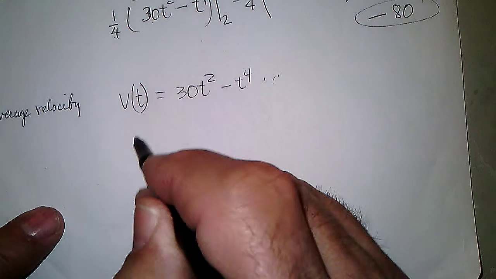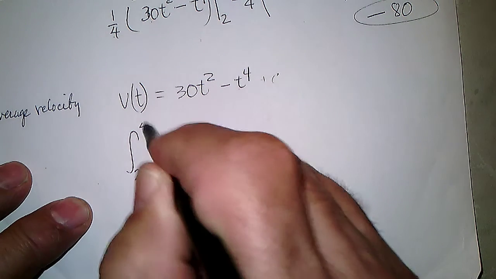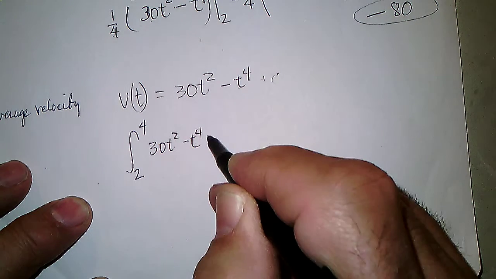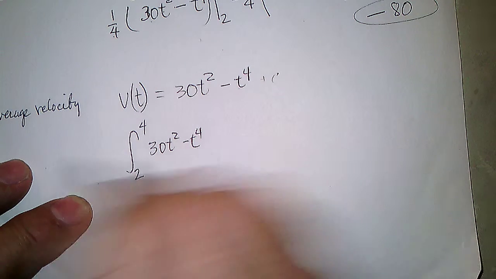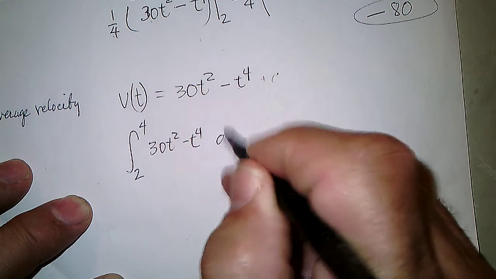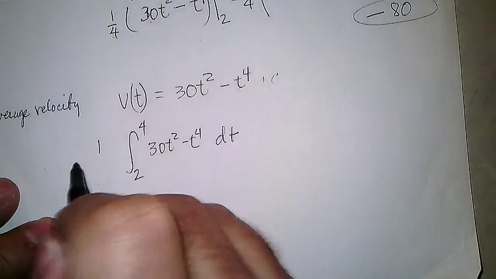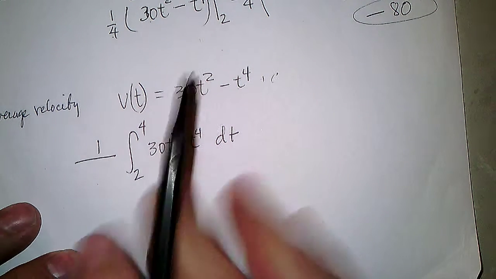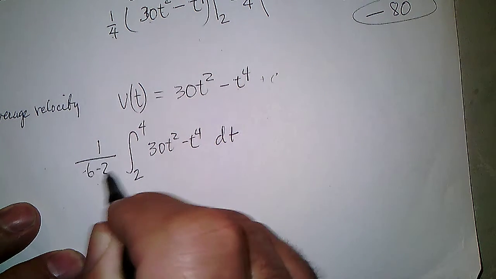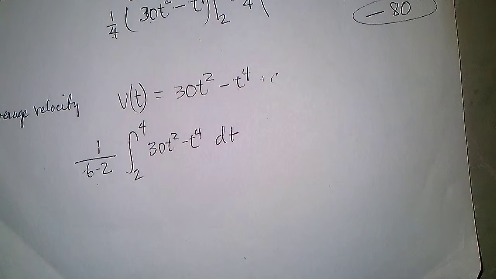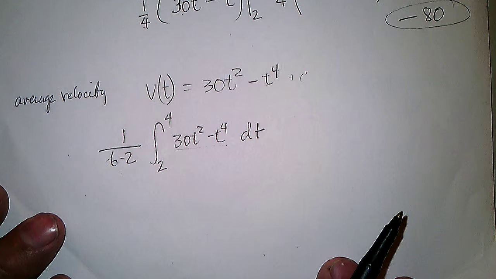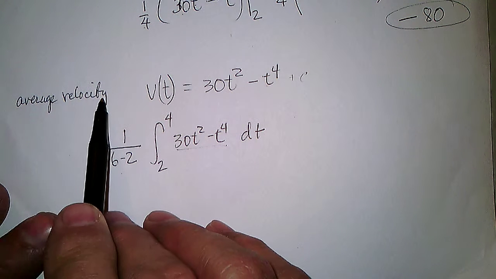And if we integrate that from 2 to 6, plus c, but that's going to cancel because it's going to be the same in both of them, dt, and then divide by the change in time, which is 6 minus 2. This would give us the change in the distance divided by the change in time, that is, displacement, but we have to be careful because we're not looking for the displacement. It said find the average velocity.